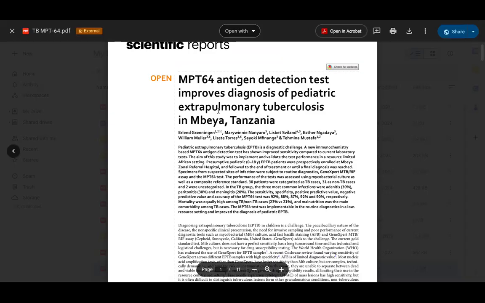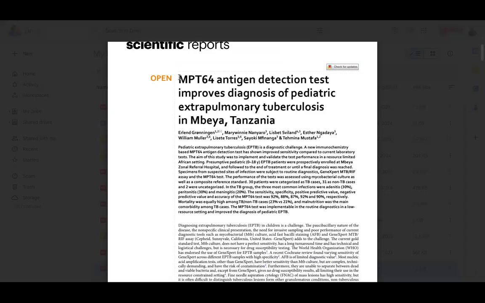So they are using MPT64 antigen. The analysis is trying to conclude whether the use of MPT64 antigen is good for extrapulmonary tuberculosis.